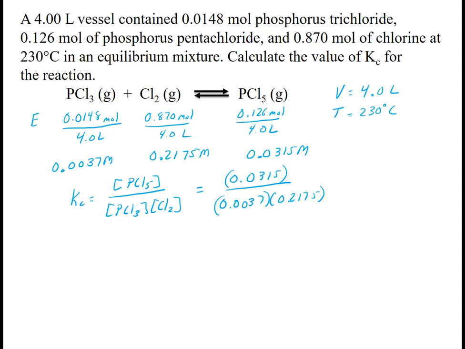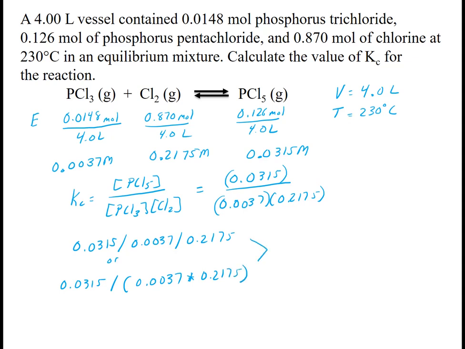So it's going to be 0.0315, I don't need parentheses, divided by 0.0037, divided by 0.2175. Or it could be 0.0315 divided by, now I could use parentheses, 0.0037 times 0.2175. Either way, the answer that you get is 39.1.